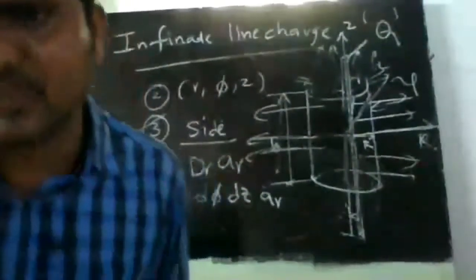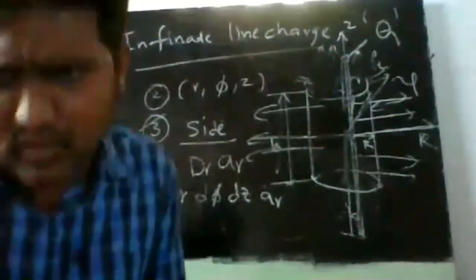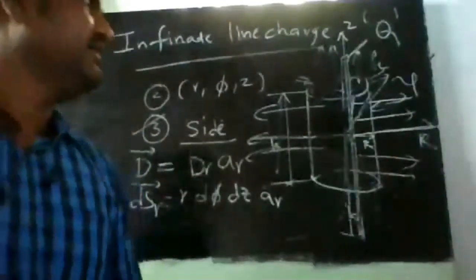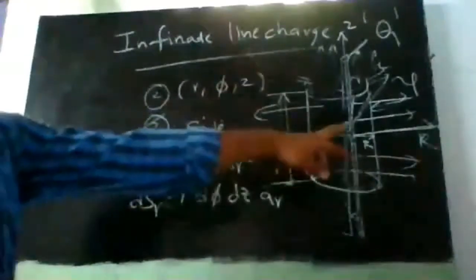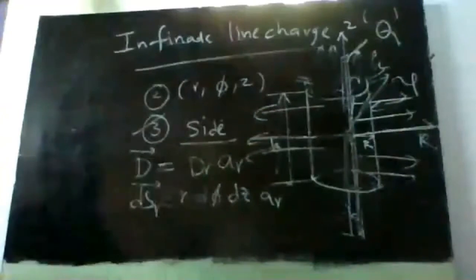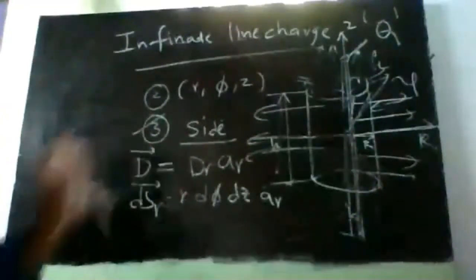Then only you can say it as a normal surface. Otherwise you don't call it a normal surface. So therefore the axis that is normal to this cylinder is the R axis. Okay, done. So I have to write the D bar and dS bar in the normal plane.